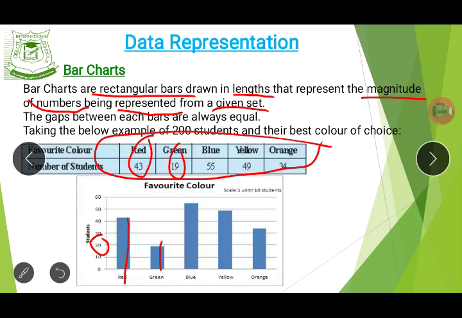Good. And then we have blue to be 55, which I think is the highest now. And it's not up to 60. So these are representations. The same thing for yellow, 49, orange, 34. So we want to look into these same bar charts clearly now.